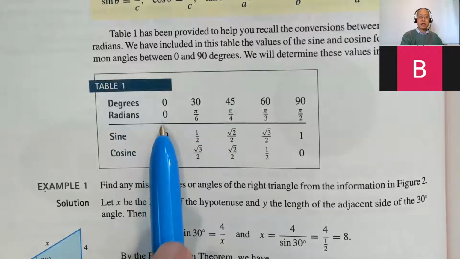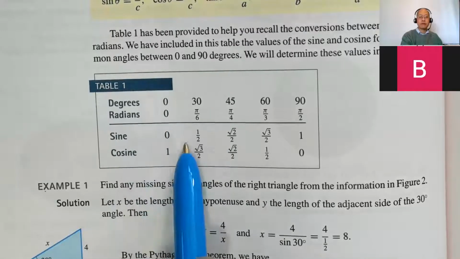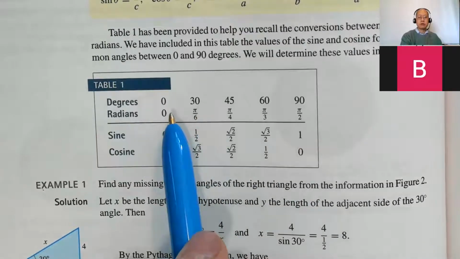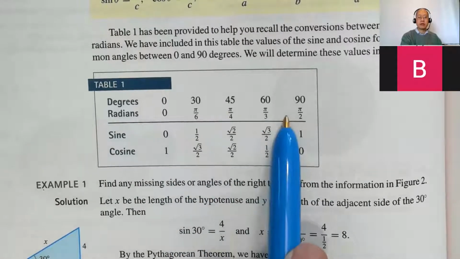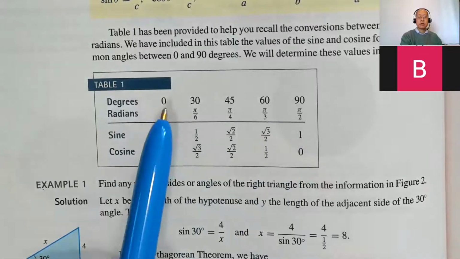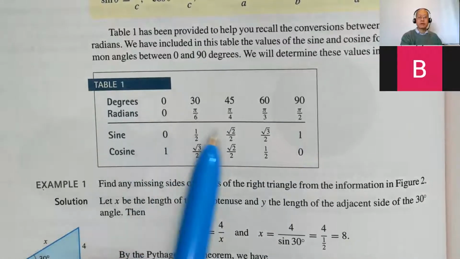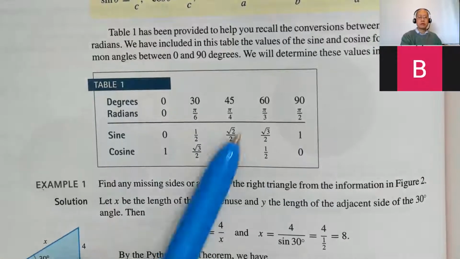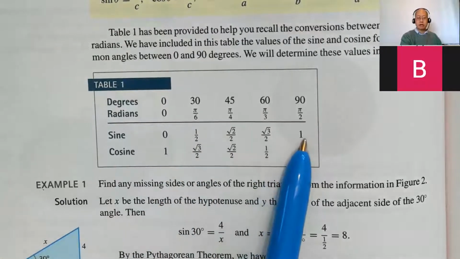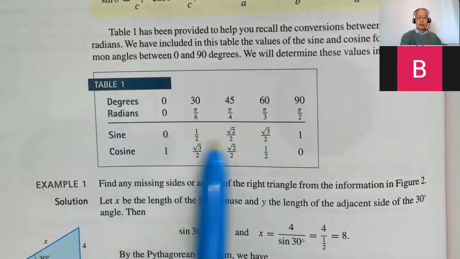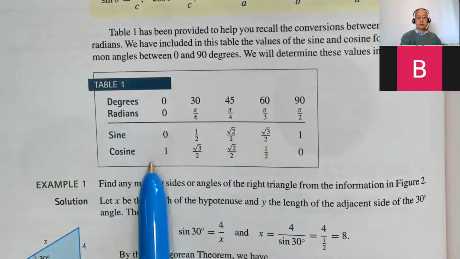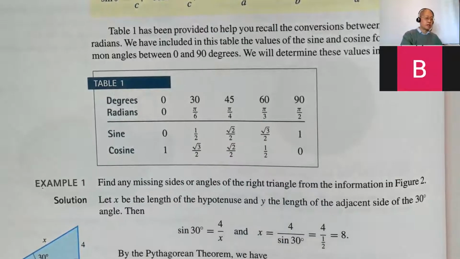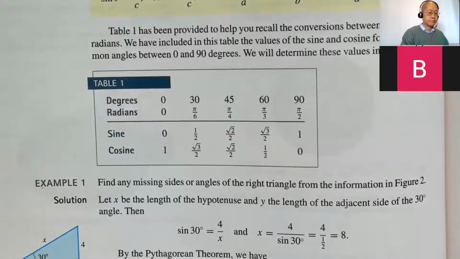Sine goes 0, 1/2, radical 2 over 2, radical 3 over 2, 1, as it goes 0, 30, 45, 60, and 90 degrees. Radians are 0, pi over 6, pi over 4, pi over 3, pi over 2. The cosine of angles, you can just reverse all of these. See how these go up? Cosine just goes down. So 1, radical 3 over 2, radical 2 over 2, 1/2, and 0.